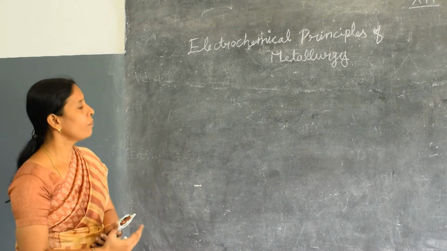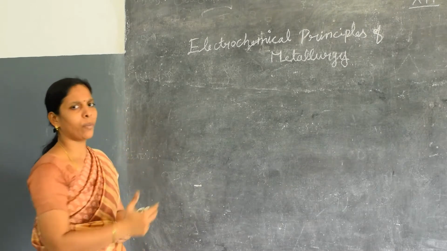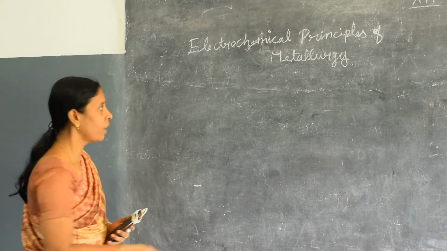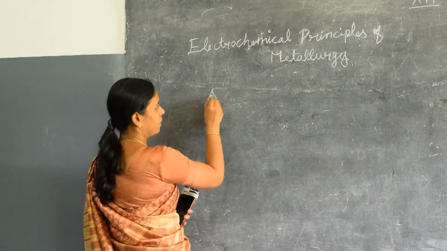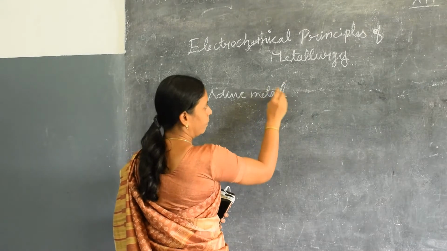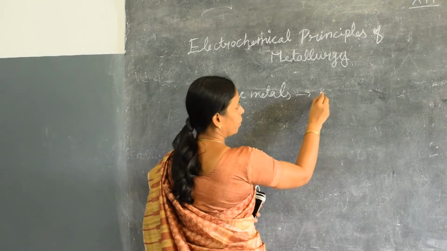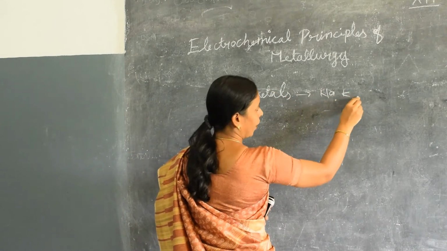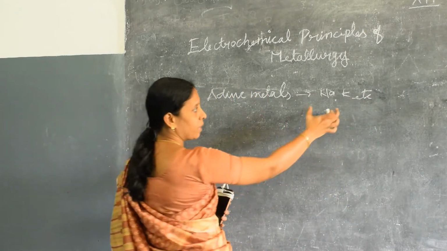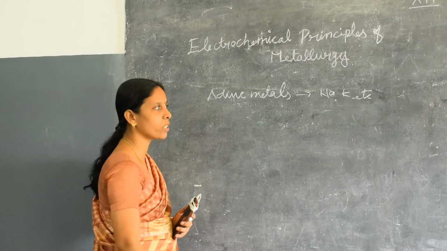More active metals like sodium and potassium have oxides that cannot be reduced by using carbon.